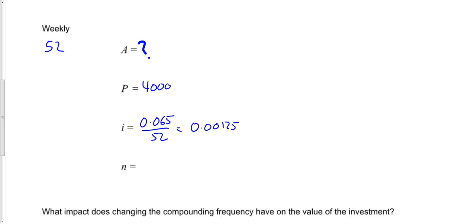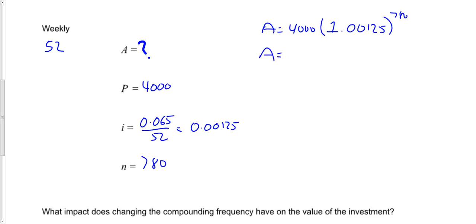And the exponent, 52 times 15, is 780. So if I plug this in, I get 4,000 times 1.00125 raised to the exponent 780.